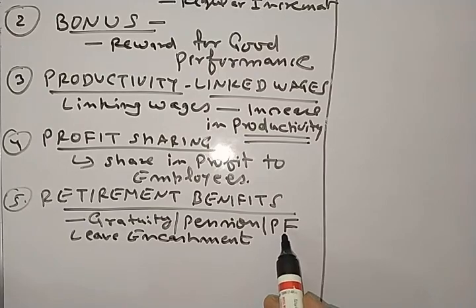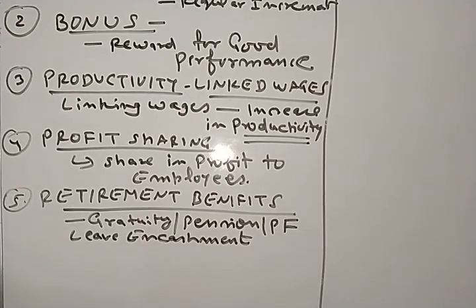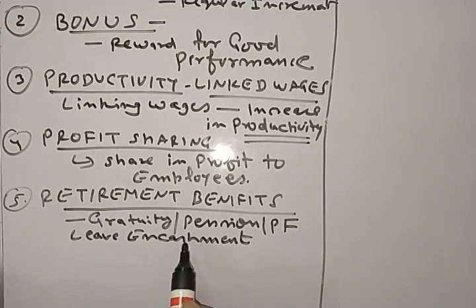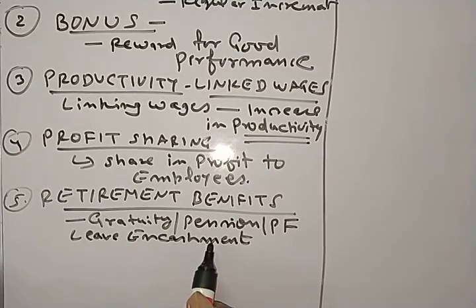So the retiring employee gets a lump sum amount, a huge fund, and he is very much supported at the time of retirement. Leave encashment is a facility where, if an employee does not avail certain leaves during his job, then at the time of retirement he is compensated for those leaves in monetary form.